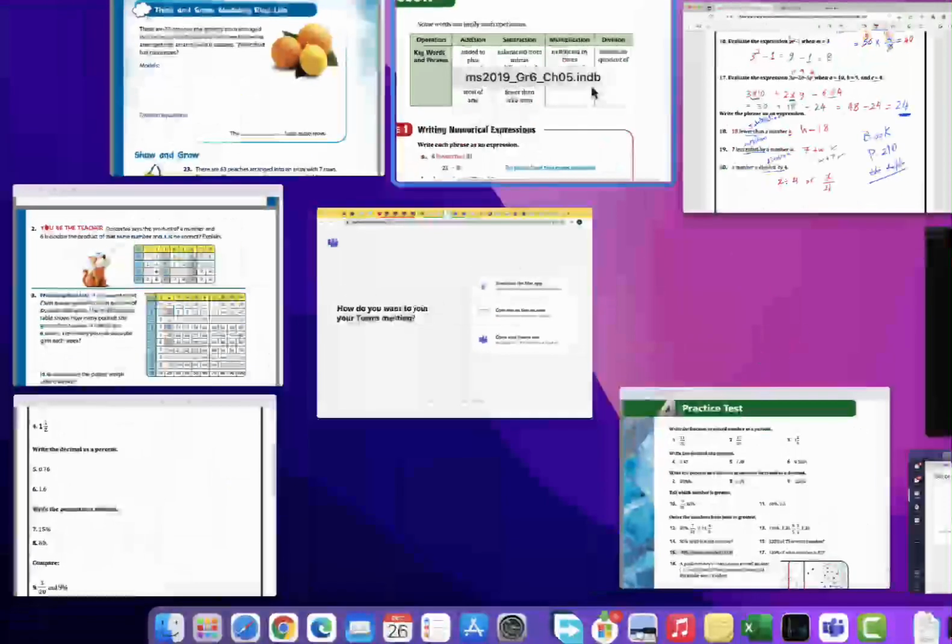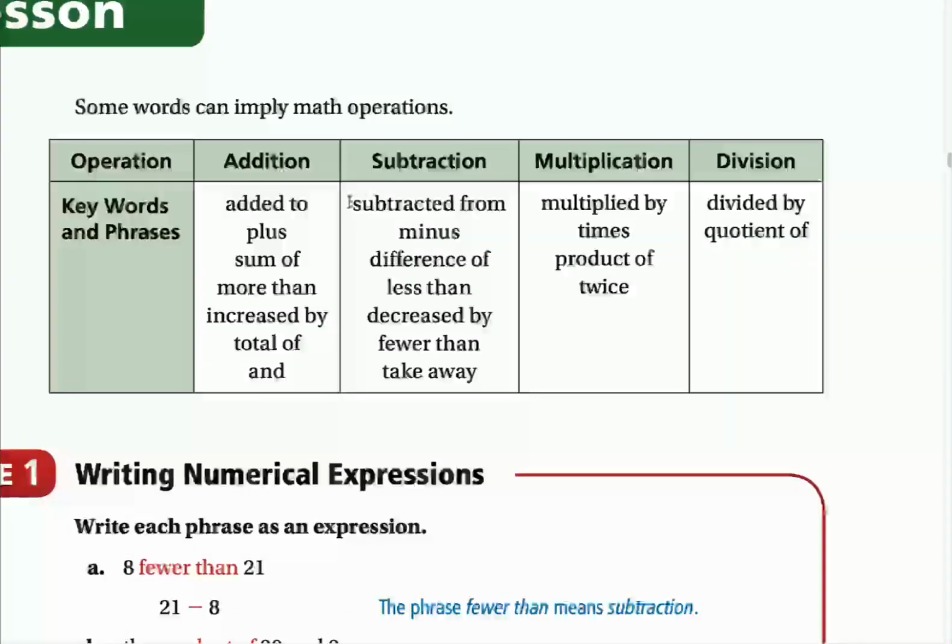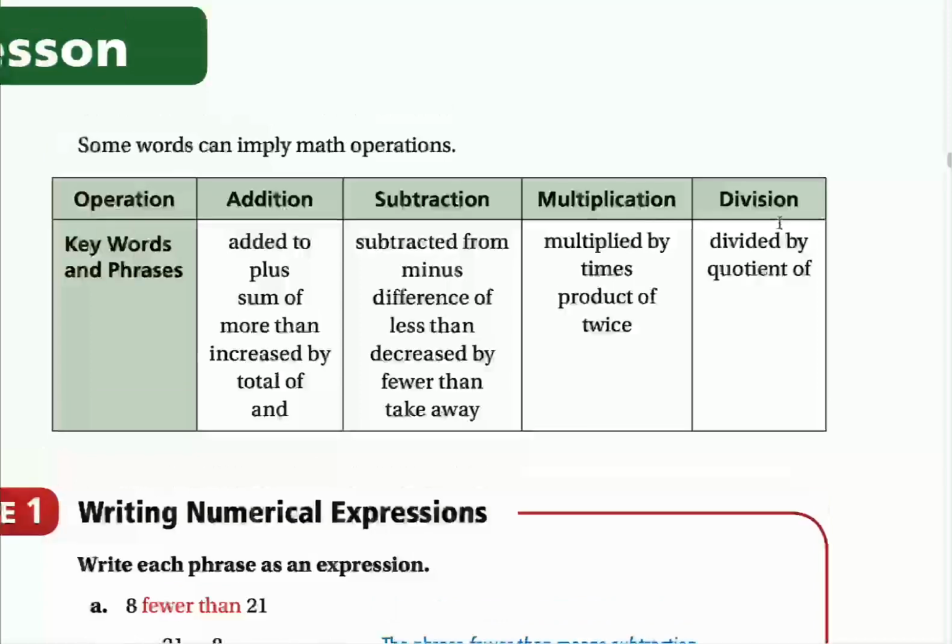For subtraction: subtracted from, you start with the number after subtracted from. Minus, you start with the number before minus. Difference of, you start in the same order. Less than, you start with the number after less than. Decreased by, you start with the number before decreased by. Fewer than, you start with the number after fewer than. And take away, in the same order.